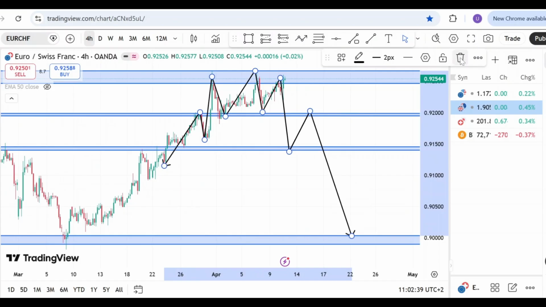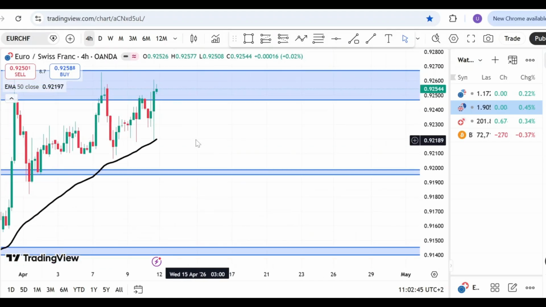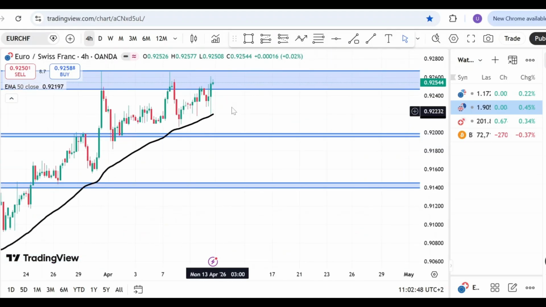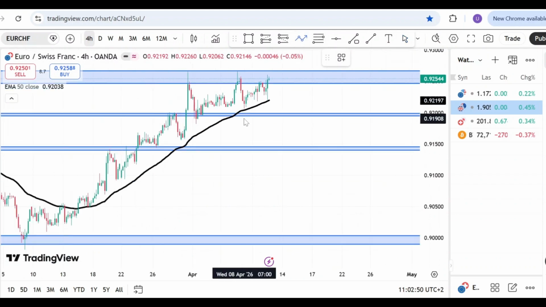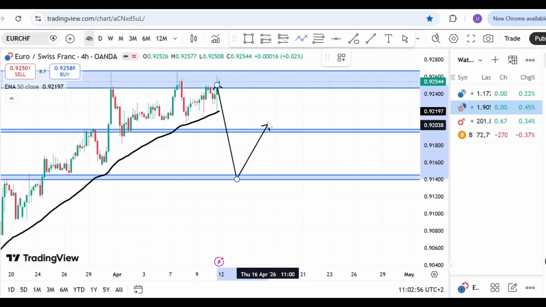And so we can even use the help of EMA and ask ourselves how the EMA is behaving. If you see that the EMA is still suggesting that you are in an uptrend, we will wait for a crossover, for a break of structure, to create the lower low. The test on this resistance here.